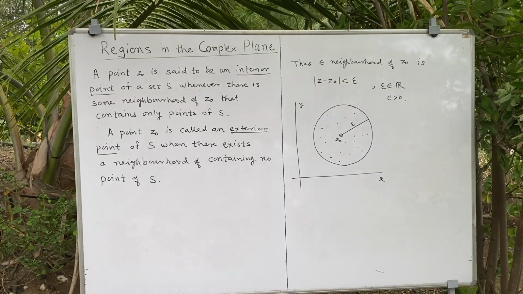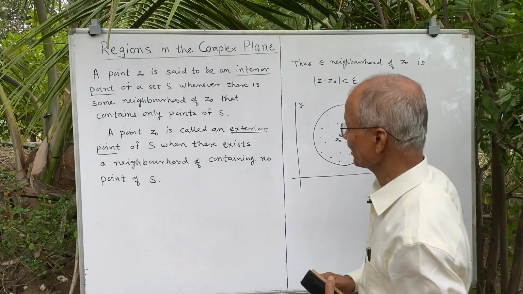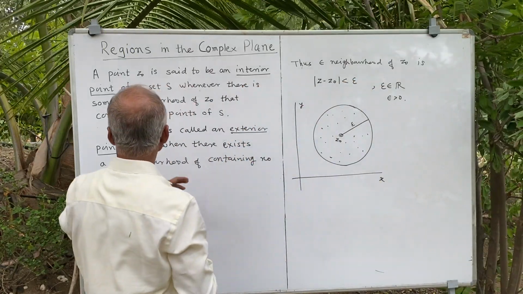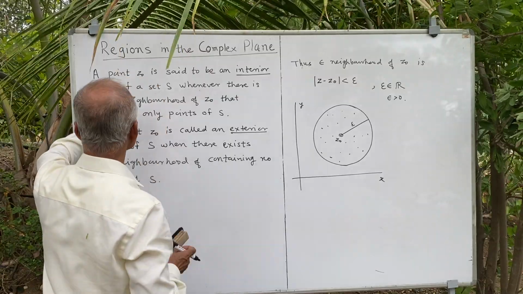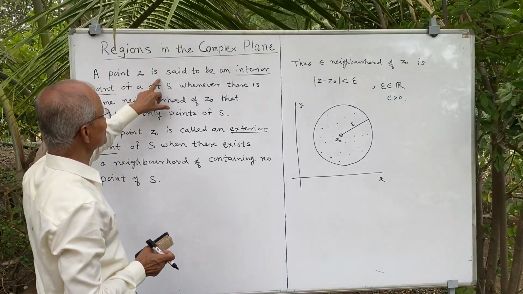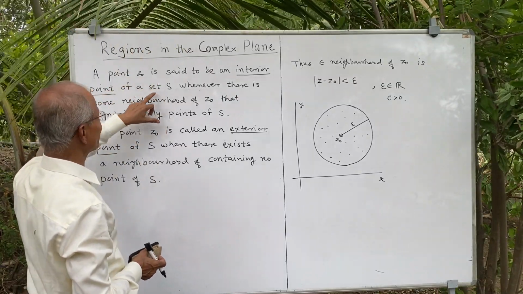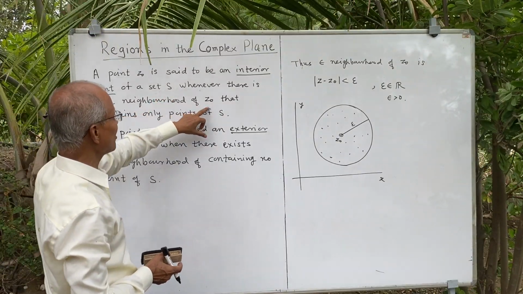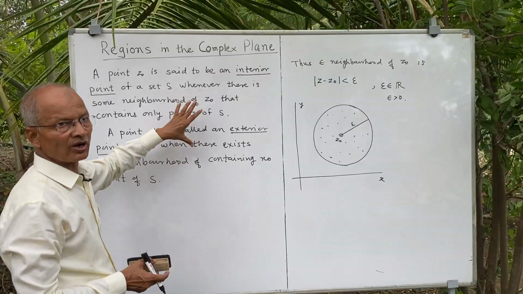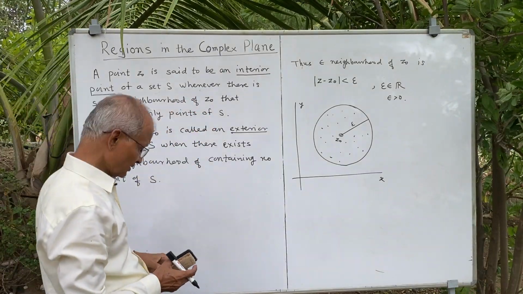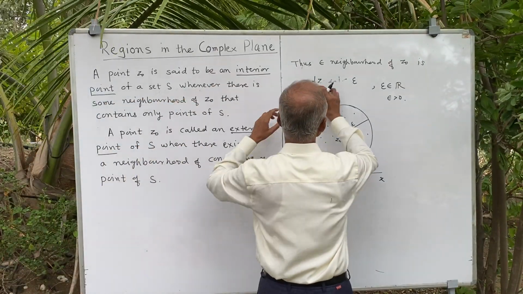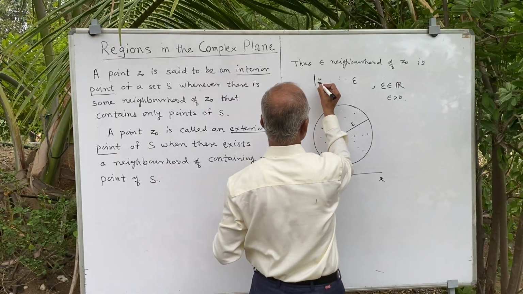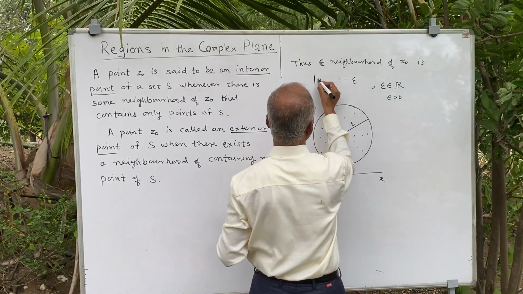Next we shall see what is an interior point and exterior point of a set, and here I have written the definition for interior point. A point Z0 is said to be an interior point of a set S whenever there is some neighborhood of Z0 that contains only points of S. Now, this is what we earlier considered as epsilon neighborhood of Z0.